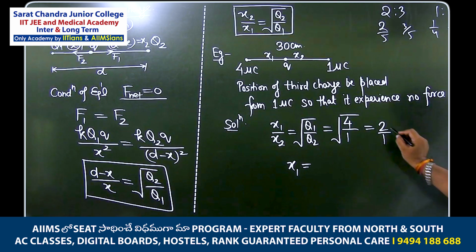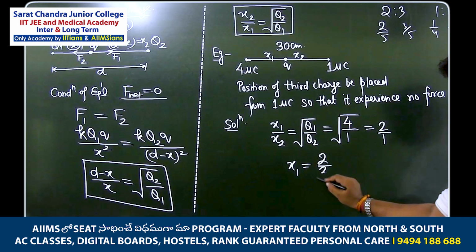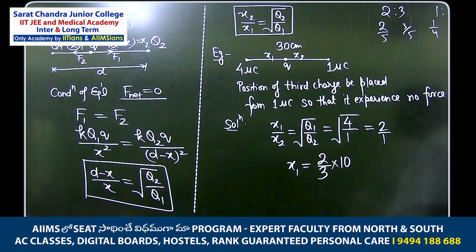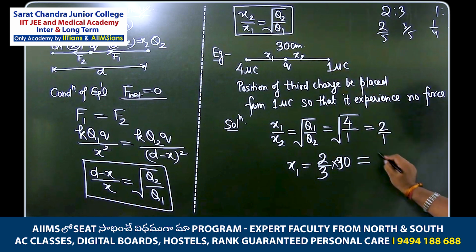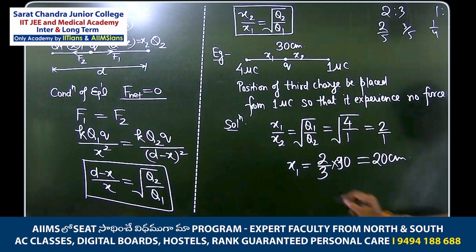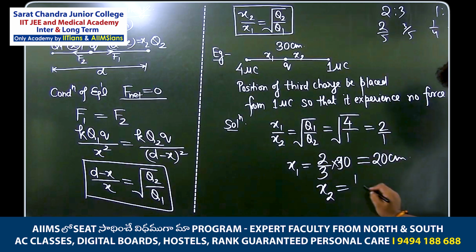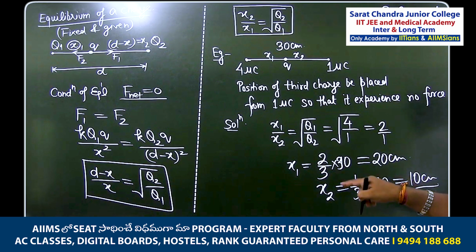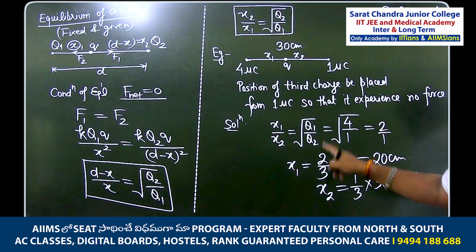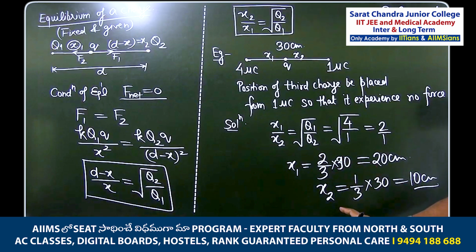Everybody? That means x1 is 2/3 of the total 30. So it is directly 20 centimeter. What about x2? It is 1/3 of 30, that's why it is 10 centimeter. So this is the quick calculation. If you use the ratio thing, it will give you fast calculation.